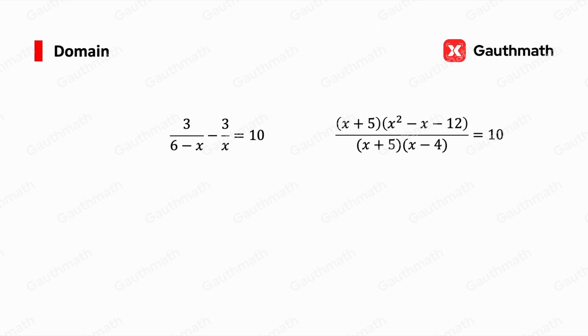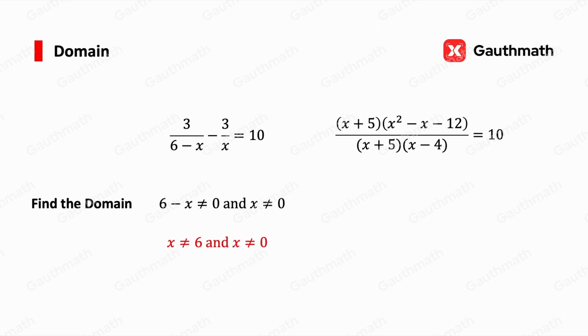As we know, for a fraction, the denominator cannot equal 0. So for rational equations, we have to check the domain of each fractional term. So how do we find the domain of rational equations? We have to make the denominator not equal to 0. For example, for the first one, 6 minus x cannot equal 0, and x cannot equal 0.